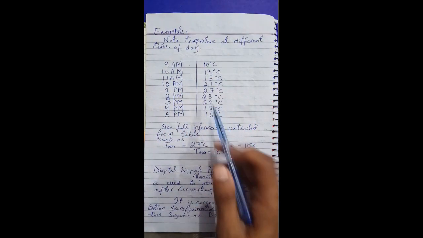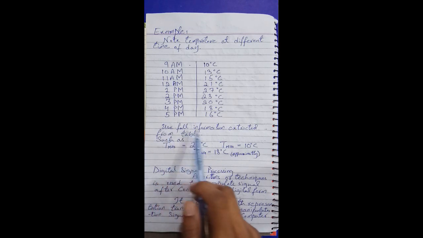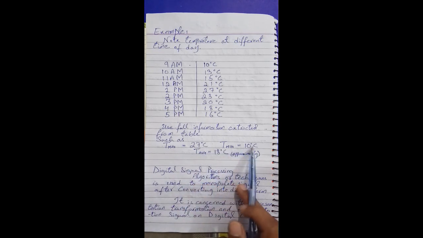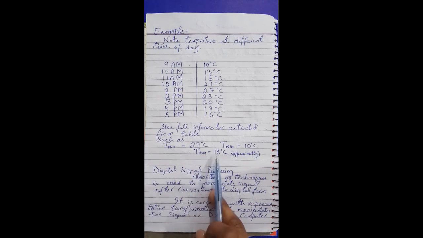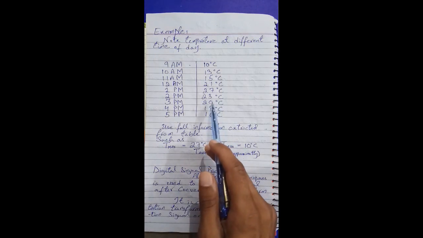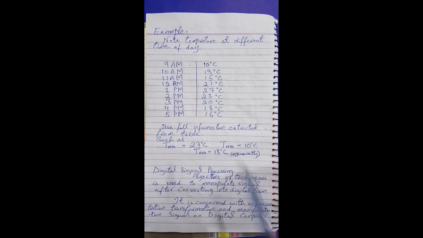So we apply some algorithm to extract information from the table, such as T maximum, which is 27 degrees centigrade, T minimum, which is 10 degrees centigrade, and T average, which is 18 degrees centigrade. How do we get this information from the table? This step is what we call processing.